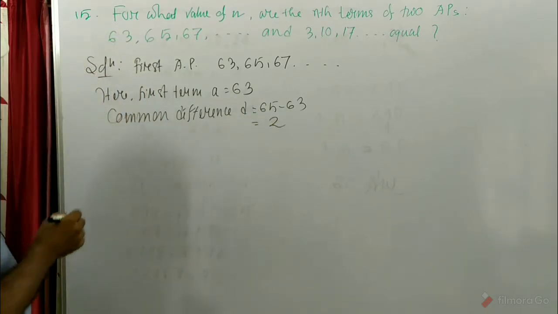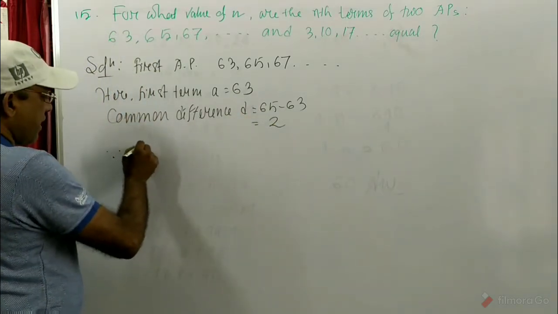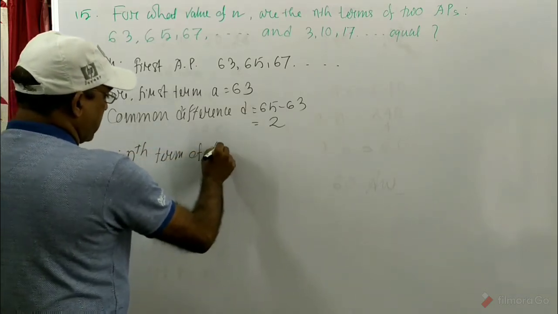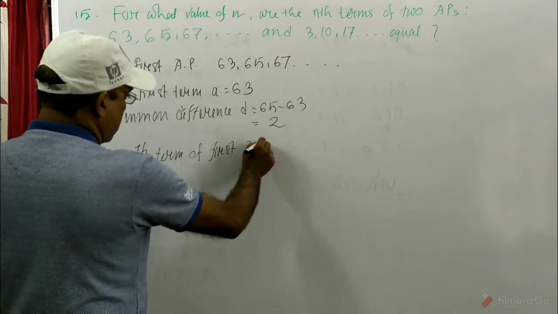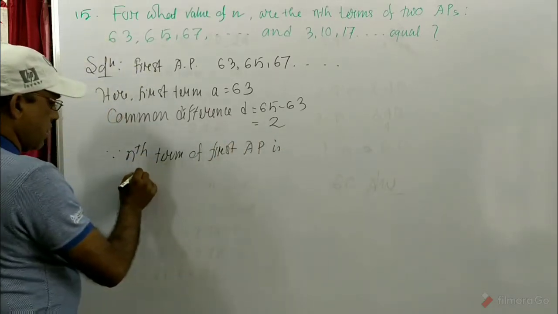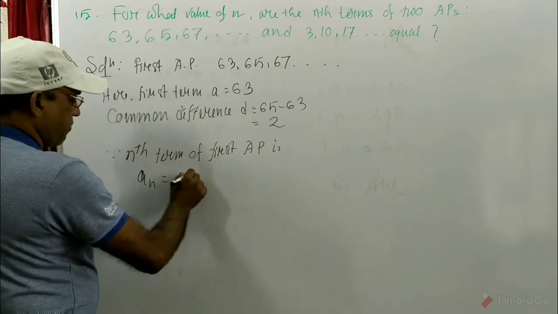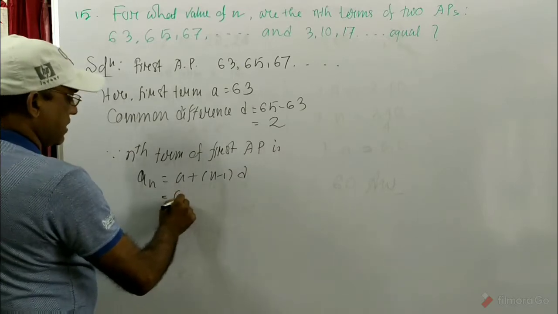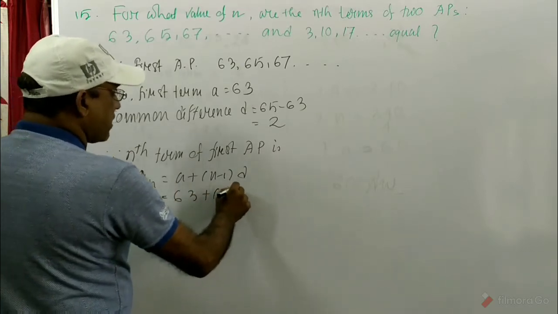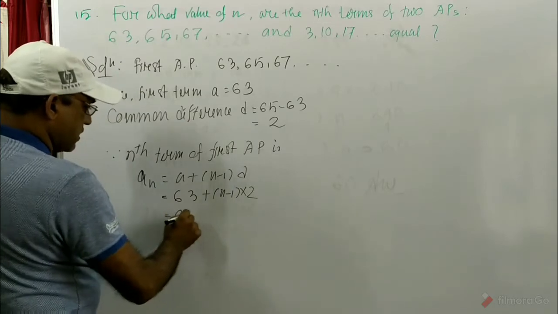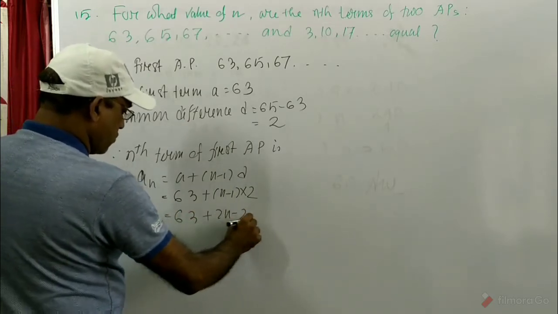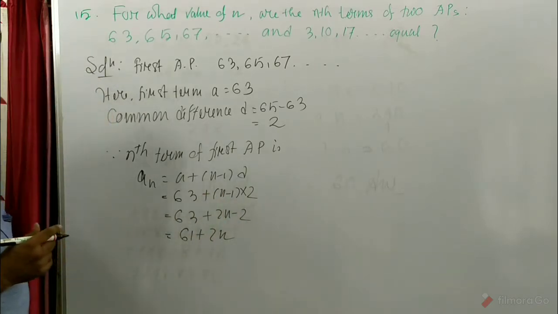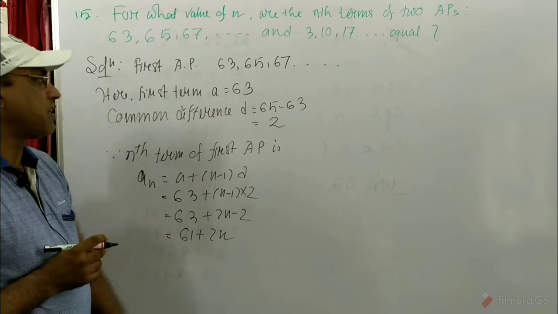The nth term of the first AP is an equals a plus n minus 1 into d. A means 63, d means 2, so 63 plus twice n minus 2, which is 61 plus twice n. This is the nth term of the first AP.